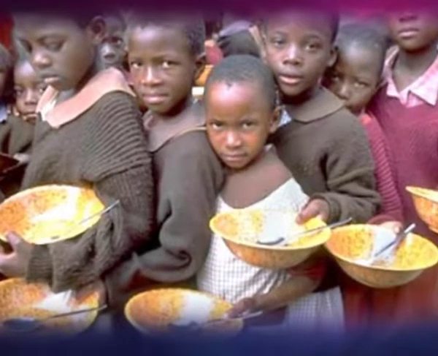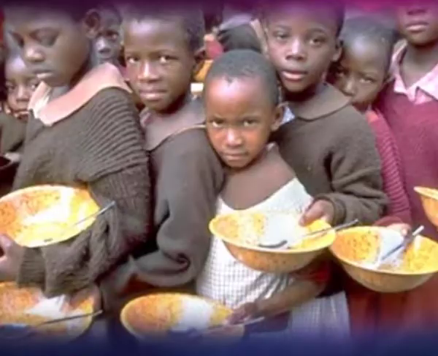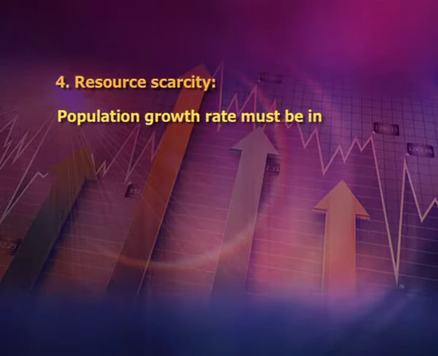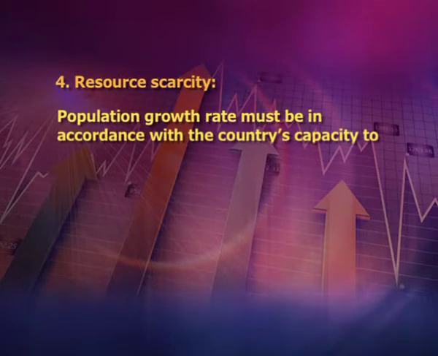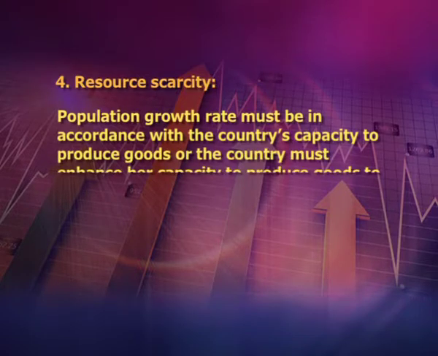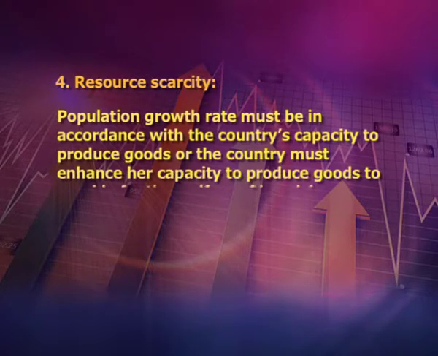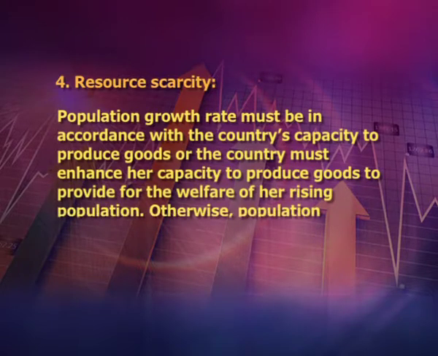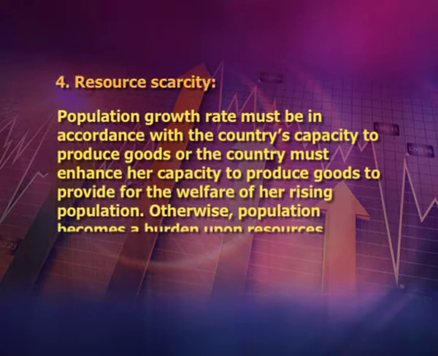But production of goods depends upon availability of resources and productivities of the factors of production. In other words, population growth must be in accordance with the country's capacity to produce goods, or the country must enhance her capacity to produce goods to provide for the welfare of her rising population. Otherwise, population becomes a burden upon resources.